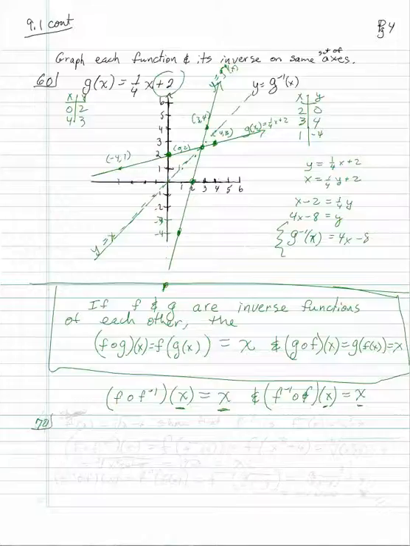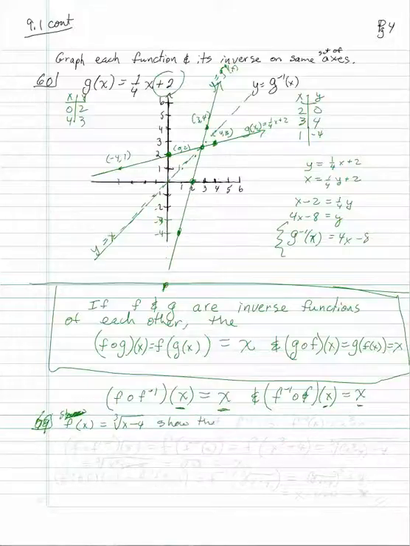So number 70, it says show that if f of x equals cube root of x minus 4, oh, this is number 69, sorry.